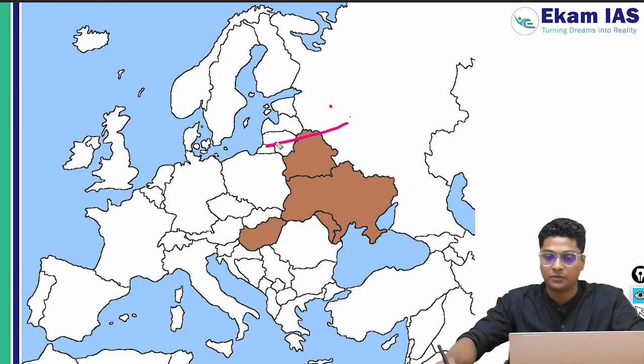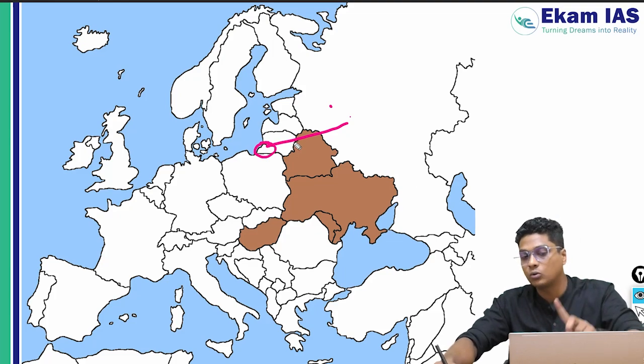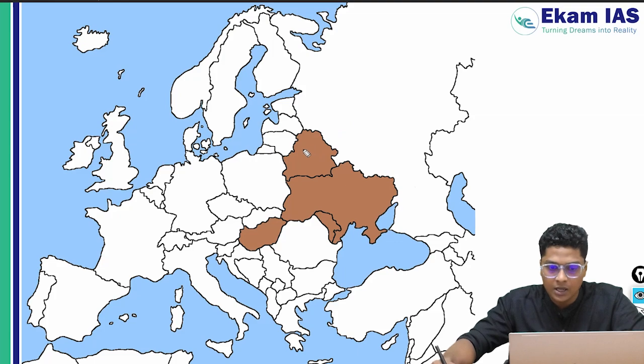Russia is connected with this particular portion here through the rail route going through Belarus as well as Lithuania. Right? Remember this. Now Belarus is sharing border with Ukraine. Ukraine is sharing border with Russia here. So Belarus, Russia. So remember this: Estonia, Latvia, Lithuania, and Lithuania is sharing border with Belarus. Belarus, then we have Ukraine.